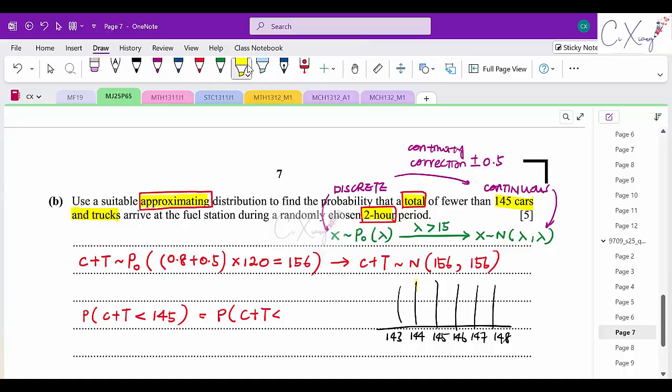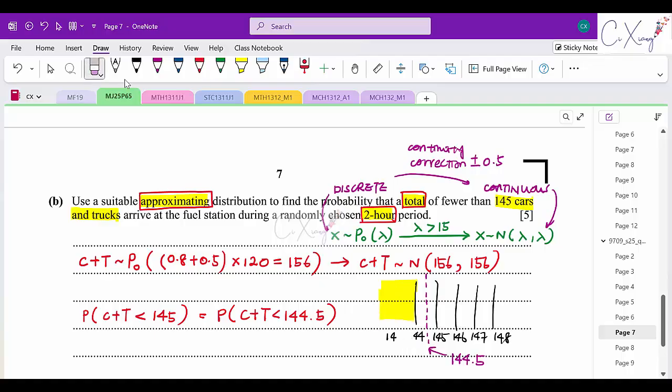If I try to draw the area or the probability that I want to find, it will be something like this. You can see that the area starts from 144. To make the continuity correction, you need to put a line that is before the area that you want to find, or try to cover the area that you want to find. So this value from here, you can see that it's 144.5. And now this is the continuity correction we have, which is 144.5.